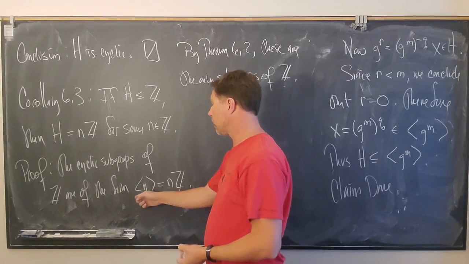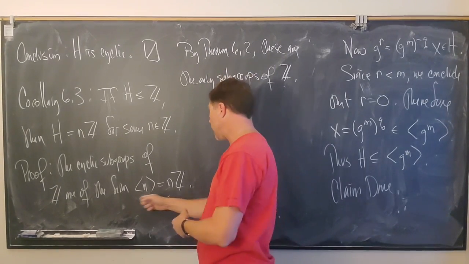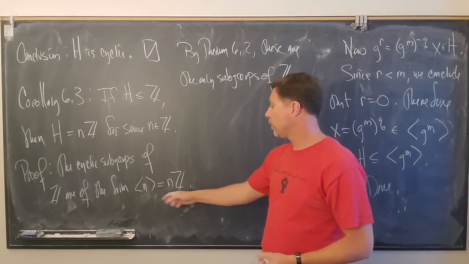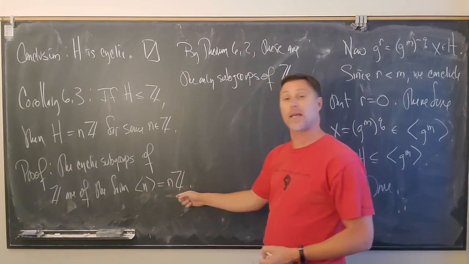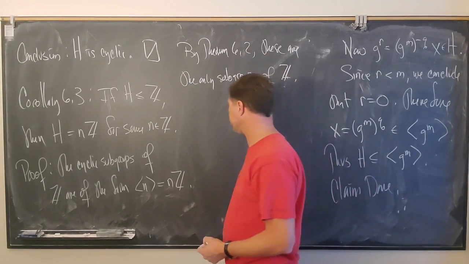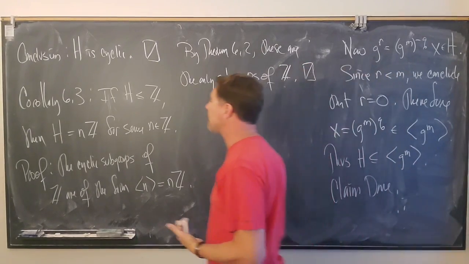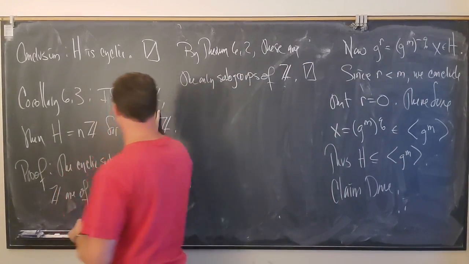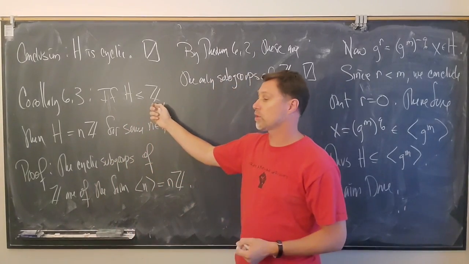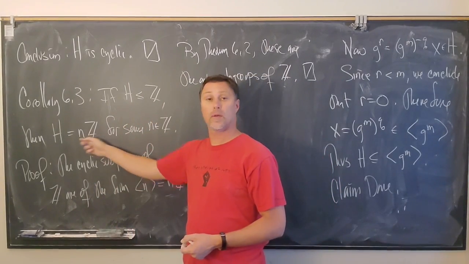Cyclic subgroups look like this in general, but in our particular setting, the subgroup generated by N is the set of all multiples of N. So that completes the proof, and that characterizes all possible subgroups of Z. All subgroups of the integers are multiples of integers.